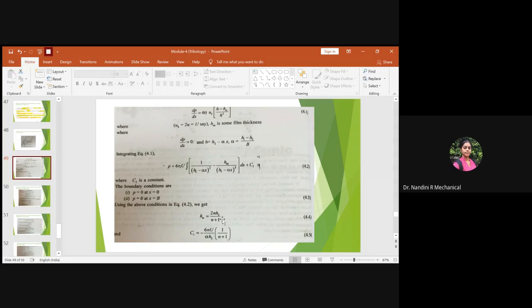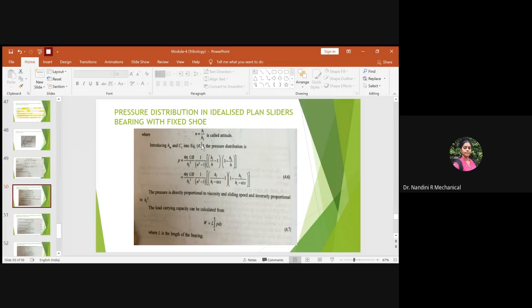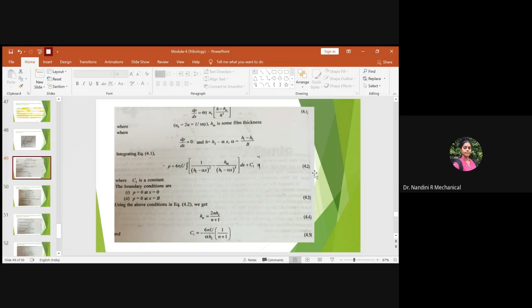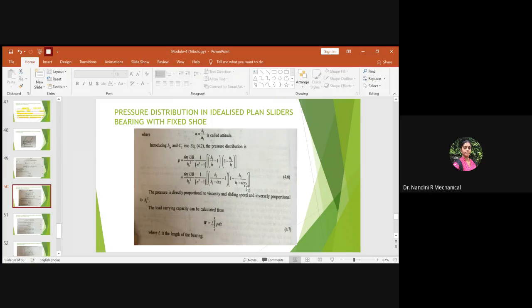And later in both the equations, N has to be replaced by H1 upon H2. So once you substitute HM and C1 value into the equation 4.2, the equation gets changed into this form. This is the equation you get after substitution of HM and C1 into the pressure distribution equation.